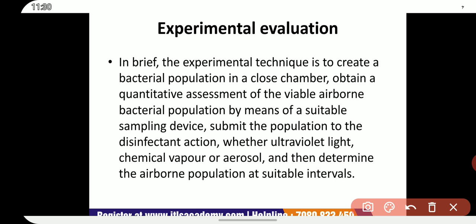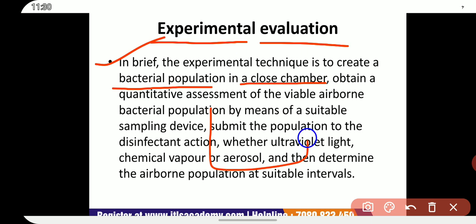Now come to the point, that is experimental evaluations. In brief, the experimental technique is to create a bacterial population in a closed chamber. That is something like this. This is a closed chamber, and a bacterial population is grown inside this chamber.